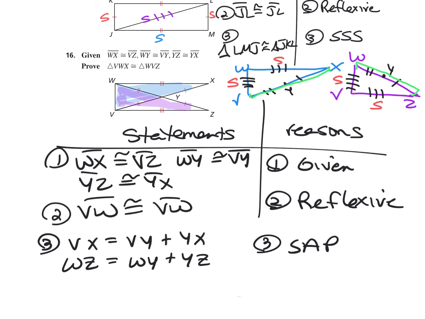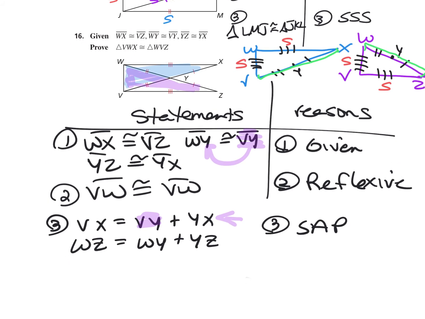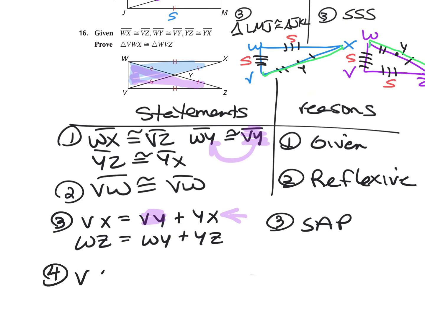So now here what we're going to do is I'm going to do a substitution to show that these two things are equal. So I'm going to actually work with this one right here. And if you notice up here where VY is, it's equal to WY. So now my next statement is going to be VX, and I'm replacing VY with WY. And then I'm also going to replace this one, YX, or XY.